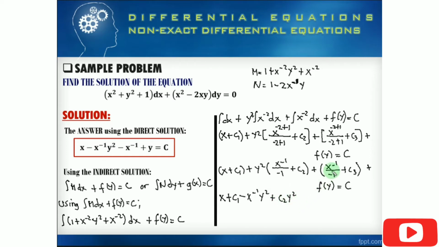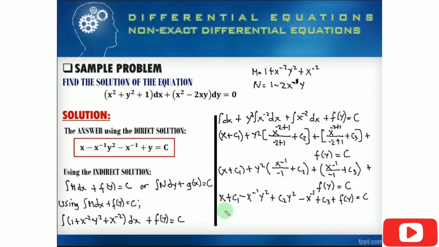And then this is negative, so minus x raised to the negative 1, and then this is plus c3 plus your f function of y is equal to c, okay? And after this one, we separate the constant.